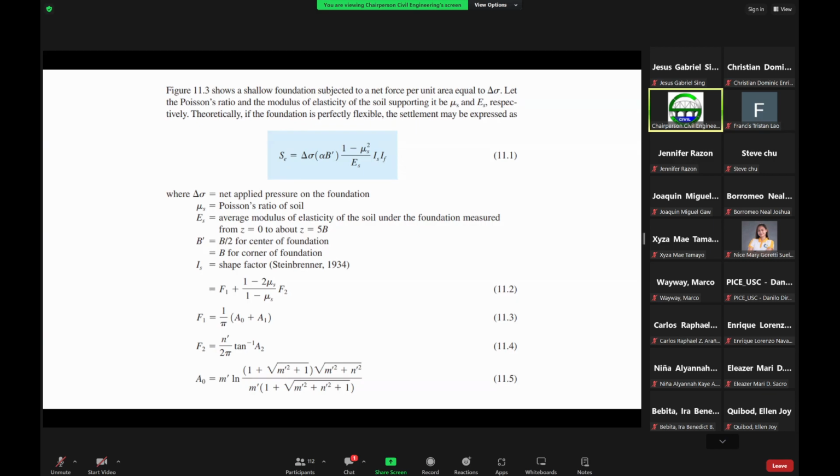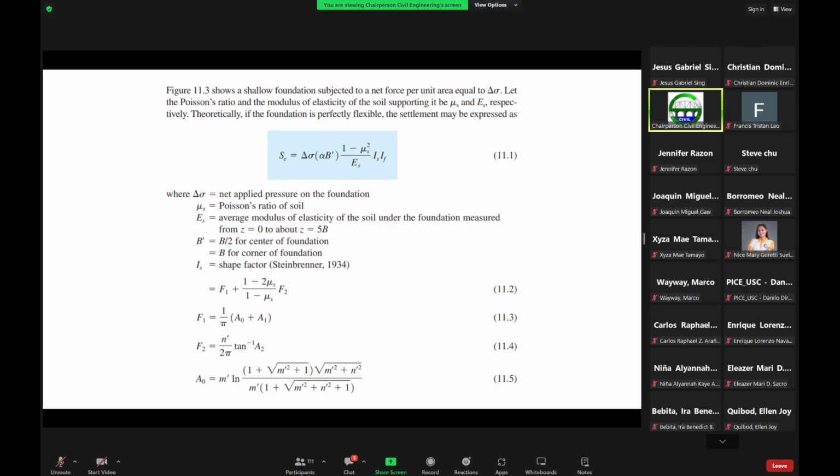Okay. So just to go back to the equation. Again, we now have here the elastic settlement or the immediate settlement, which is equal to the net applied pressure on the foundation, which can be calculated by the foundation designer, the foundation engineer or the structural engineer.